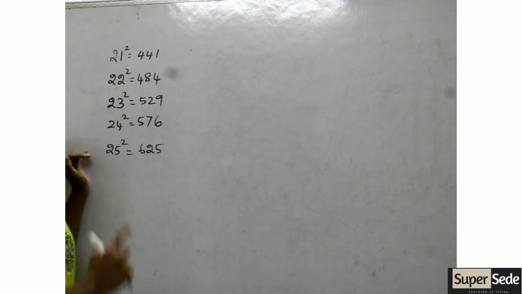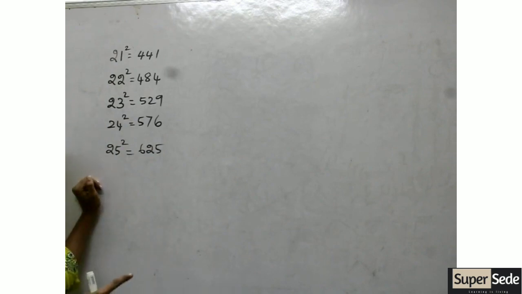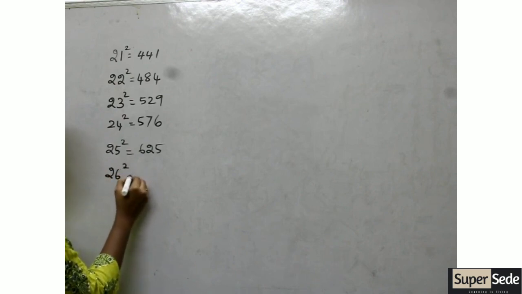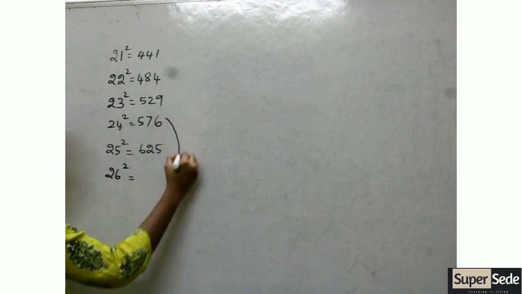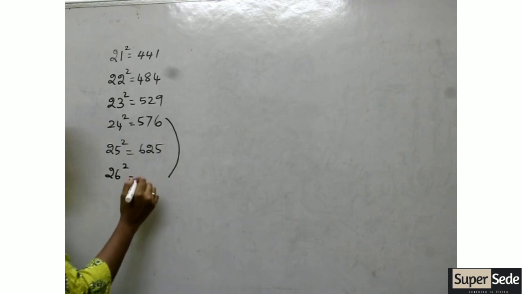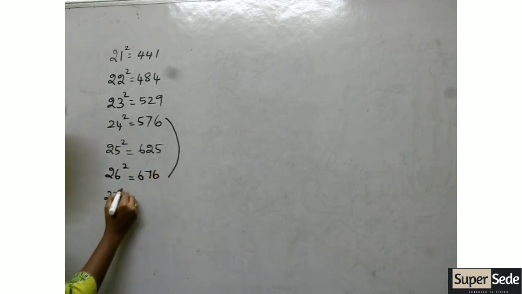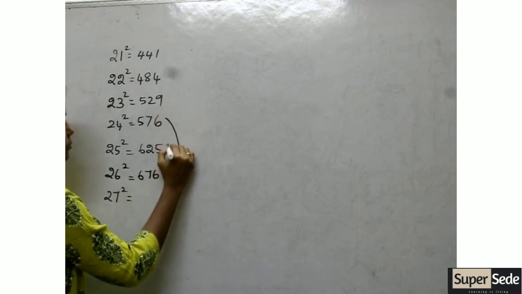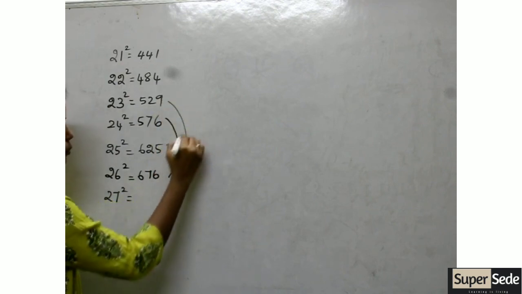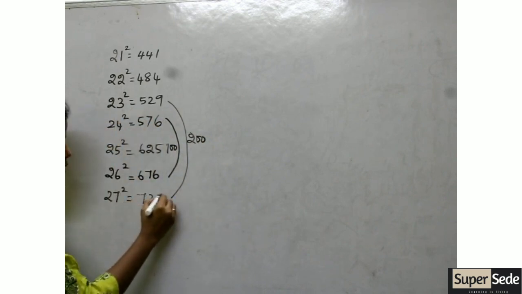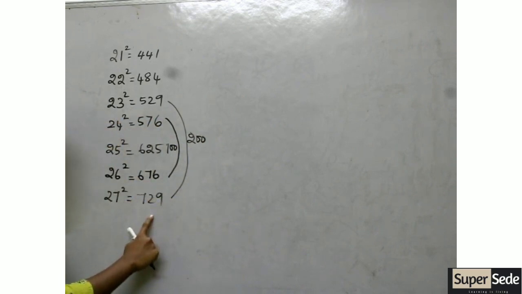On the board you have squares of numbers from 21 to 25. 26 square would be 100 more than 24 square, which makes it 676. And 27 square would be 200 more than 529, which is 23 square. So that makes 27 square 729.